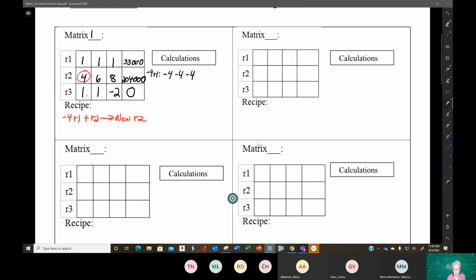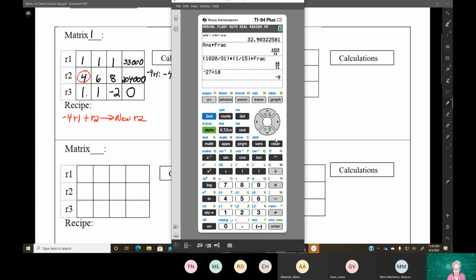Okay, negative 4 times 33,000. Enter. Negative 132,000. Okay, we can do that.